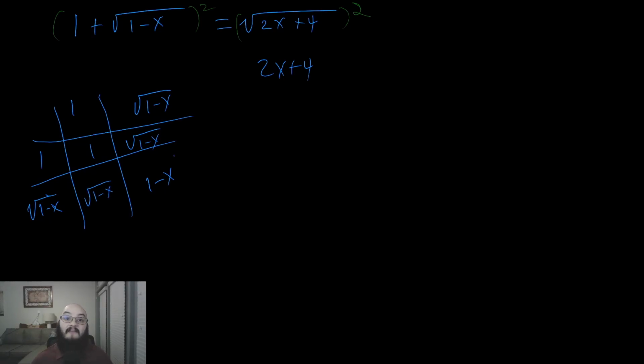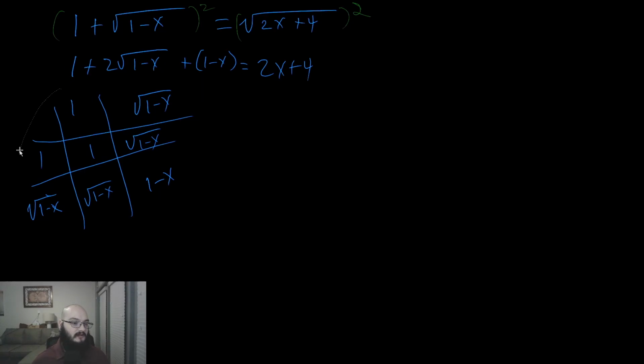This means that after we FOIL everything out, we will have 1 plus 2 times a root 1 minus x, plus a 1 minus x. So that will look like this. We'll have 1 plus 2 root 1 minus x plus 1 minus x.